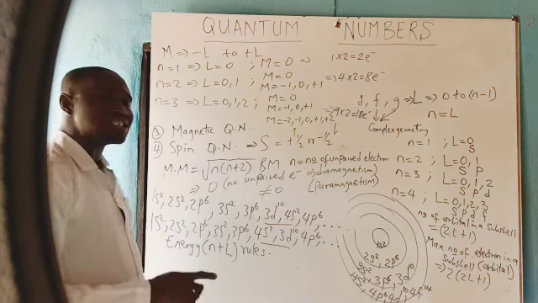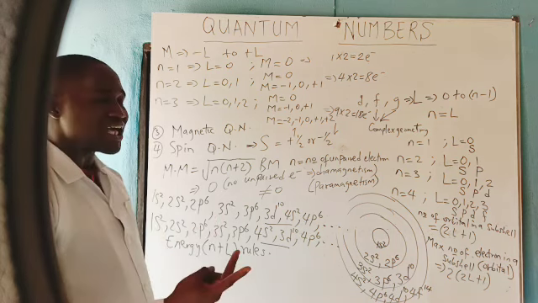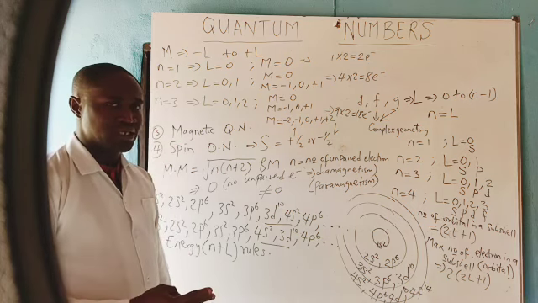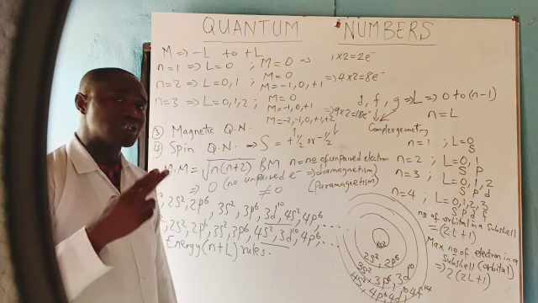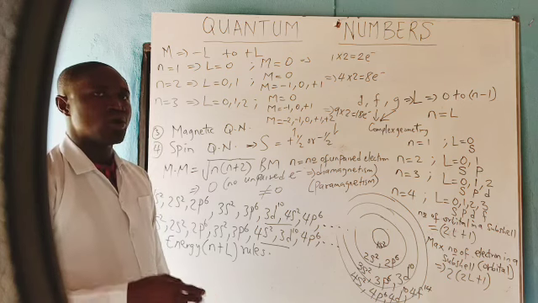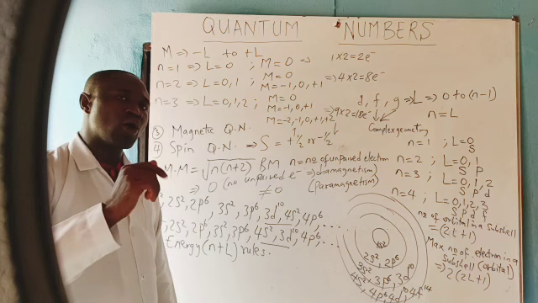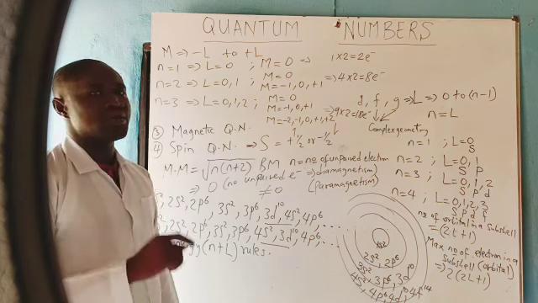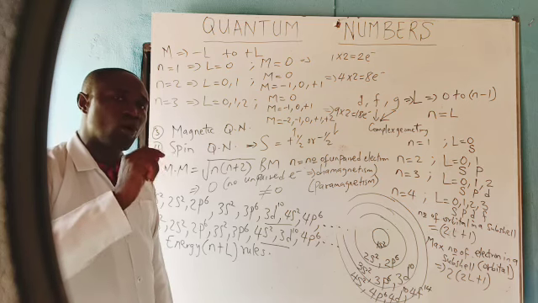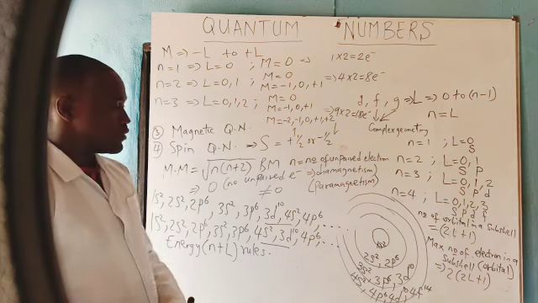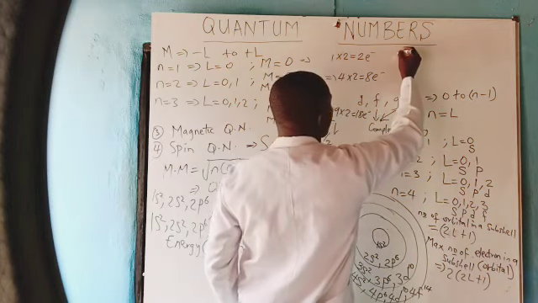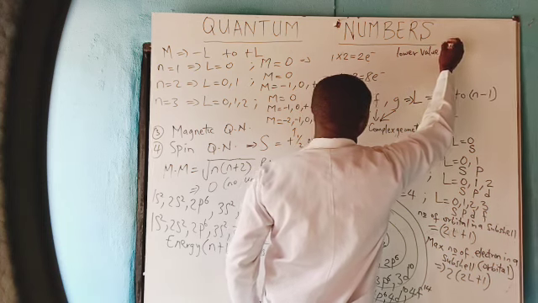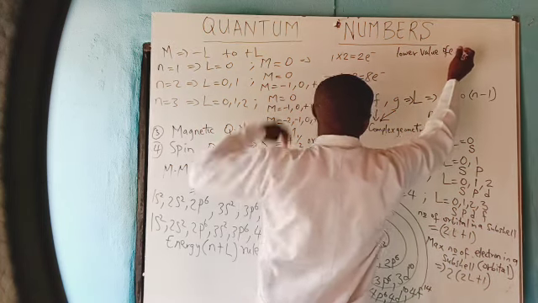It also says that if you have two orbitals with equal value of energy, the electron will enter the one that has the lower value of n first before entering the one with higher value of n. So first, electrons will enter the one with lower value of energy.